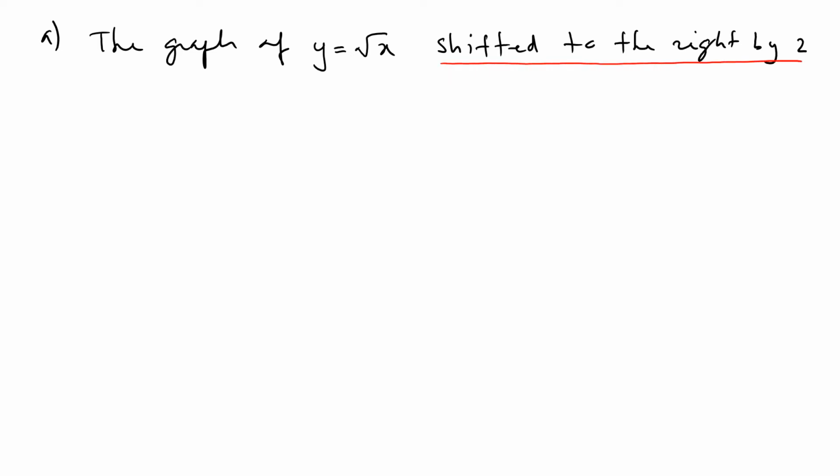So this is the original graph. I'm going to draw it as a dotted line. That's the original graph. Now we're going to shift this one to the right by 2 units. So that's the new graph. So this is 2.